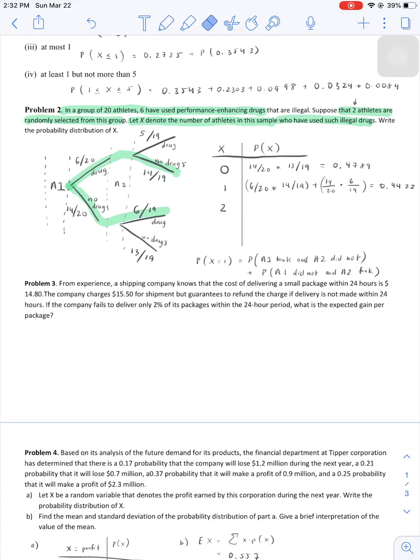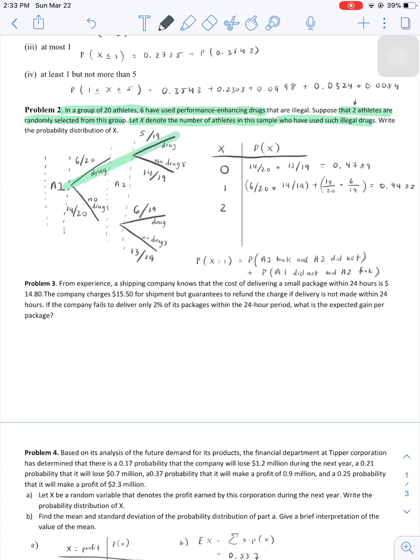All right, now our last row in the table. What's the probability that 2 athletes out of our group took drugs? Oops, that's a mistake. What's the probability that the first athlete took the drugs and the second one did?